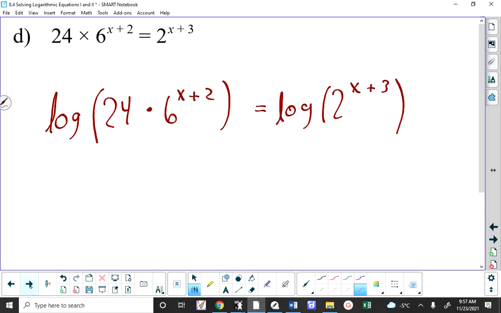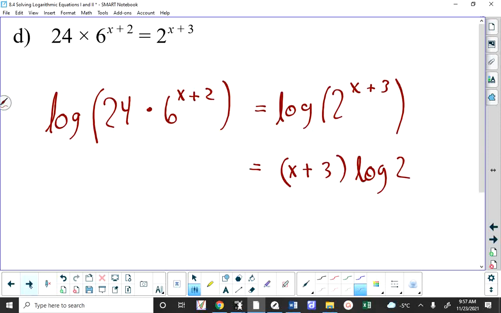Now, can I move this x plus 3 out in front and multiply that by the base 10 logarithm of 2? Definitely. Can I move the exponent on the left, that x plus 2, out in front?